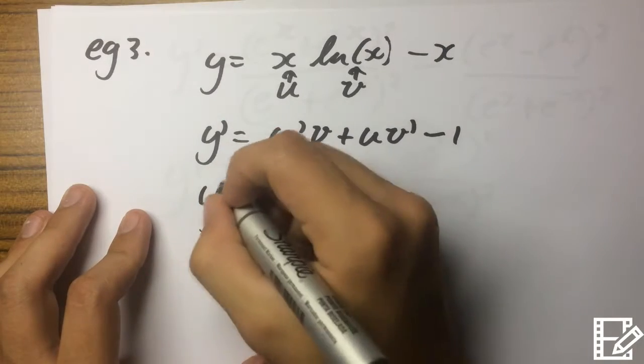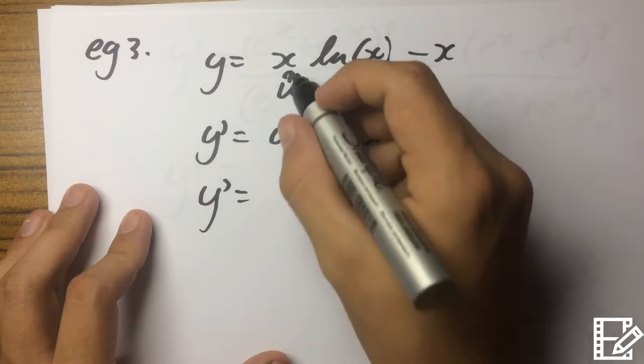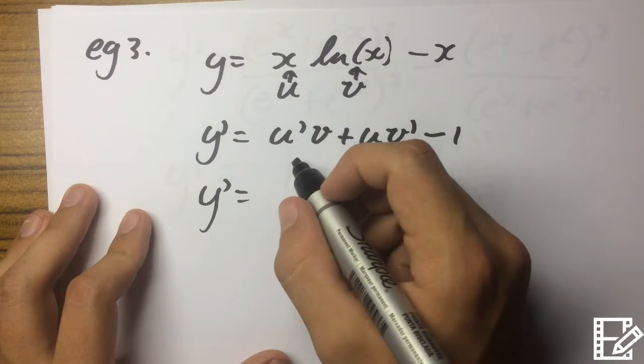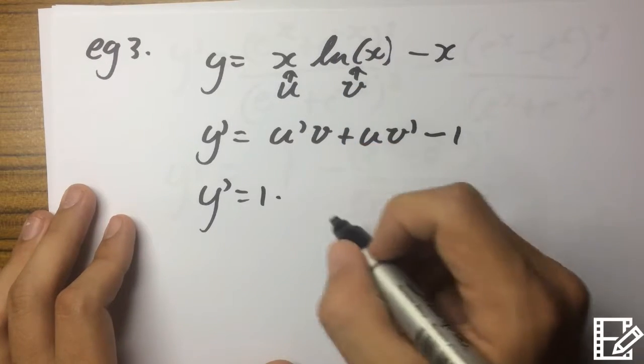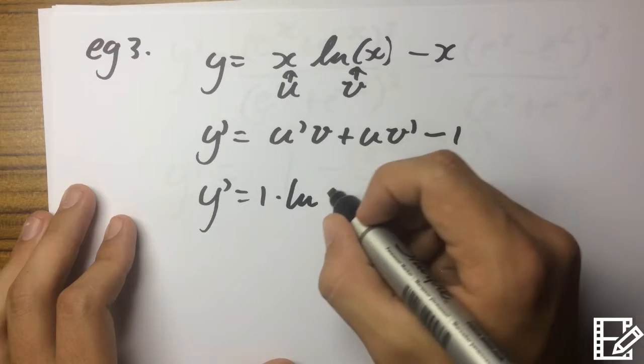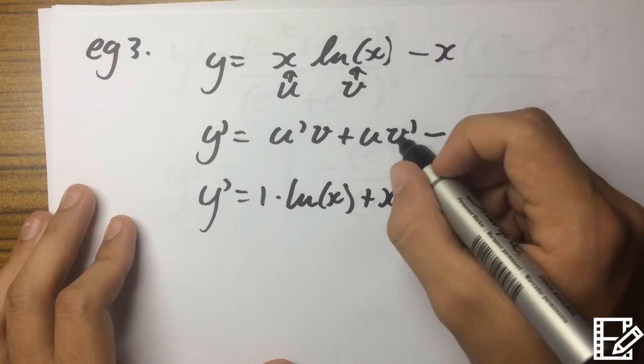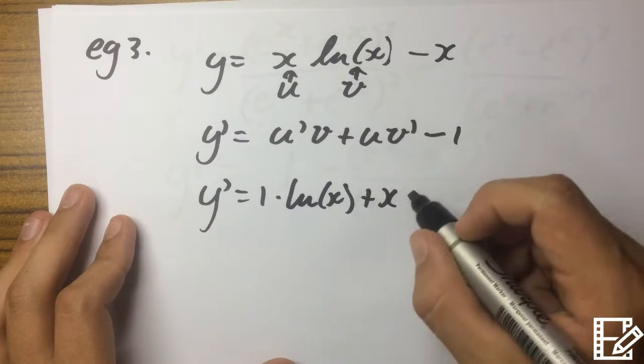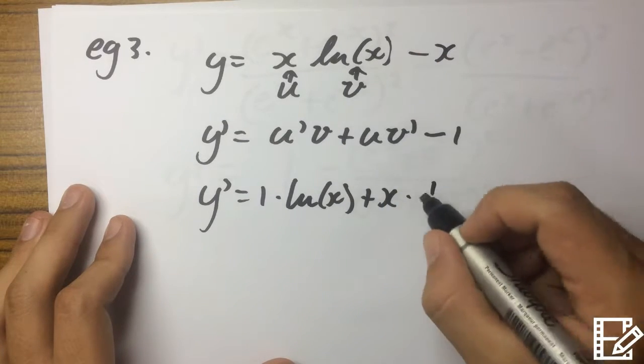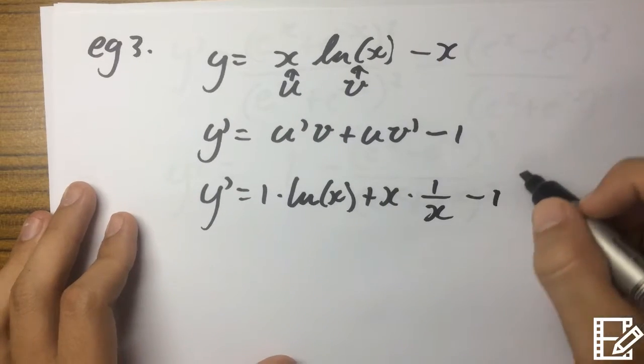Derivative of u. If x is u, then derivative is 1. So 1 multiplied by v, ln of x, plus u x. V dash is derivative of ln of x, which is 1 over x, minus 1.